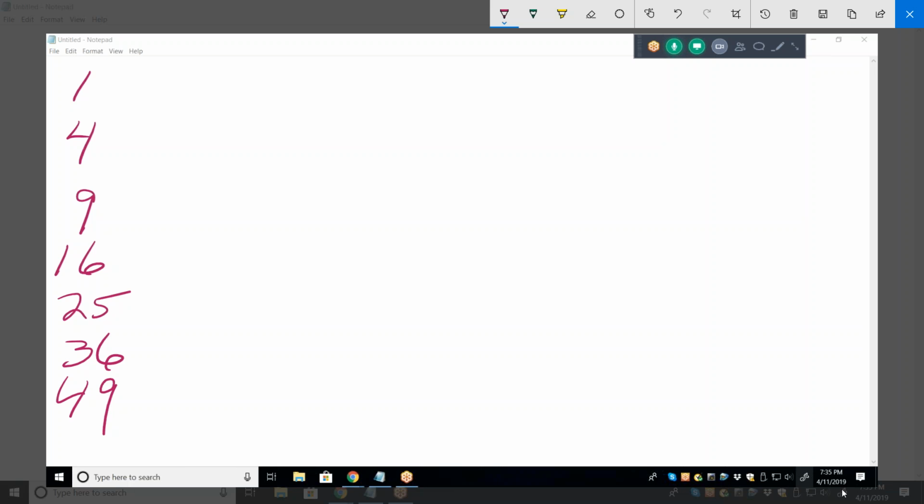In other words, the first one is 1 squared, second one is 2 squared, 3 squared, 4 squared, 5 squared, 6 squared, 7 squared. When you have a radical that you're trying to simplify, the one equation that you want to apply is this one right here.